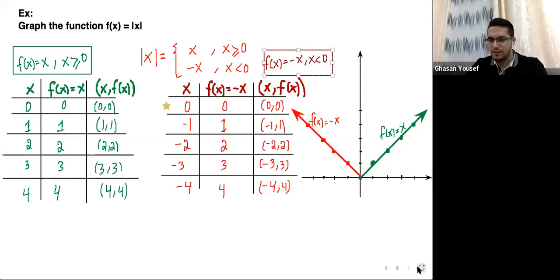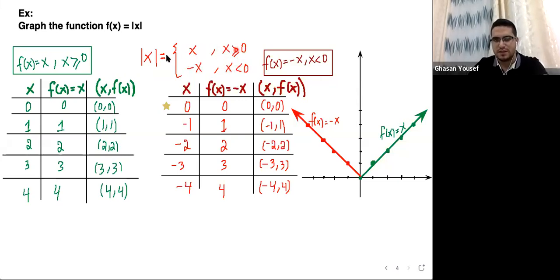Here I get a question. Can you please explain why you put minus x? Because the absolute value of x is equal to x when x is greater than 0, and equal to minus x when x is less than 0.